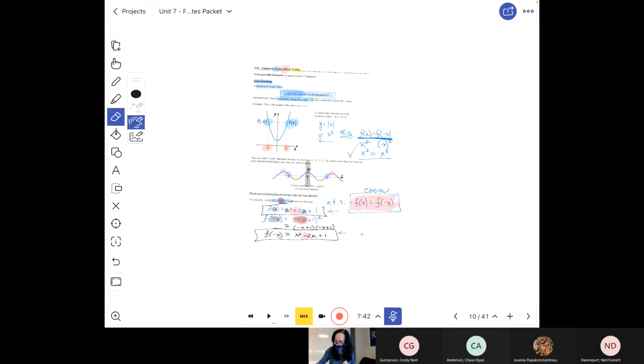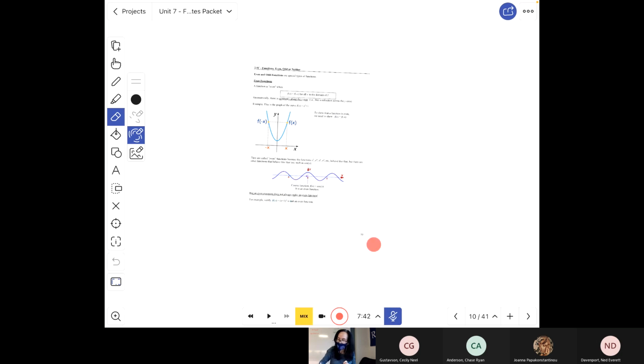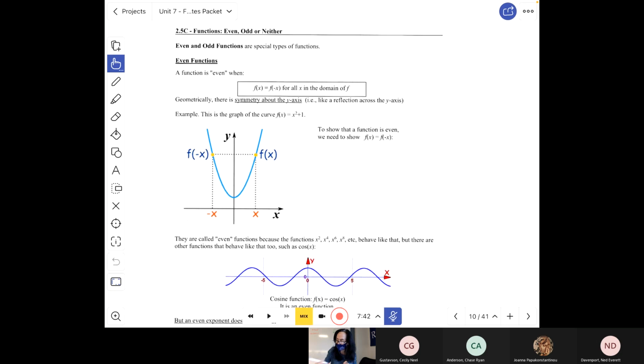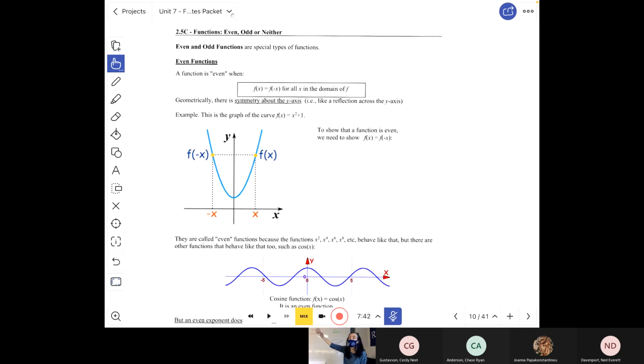But let's go ahead and talk about some very special functions. As we talk about functions, we talked about different ways we can classify these functions. Well, there's more classifications that we can use. Now, with these power functions, we know that we're looking at x to some power. Maybe x to the first, to the second, to the third, x to even numbered powers, x to odd numbered powers. And you're going to notice something in that power exploration.